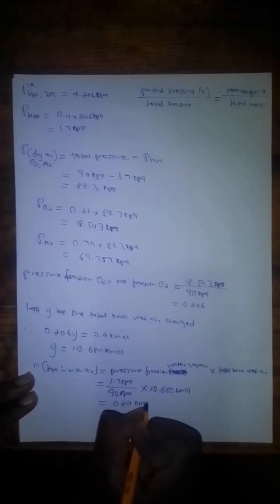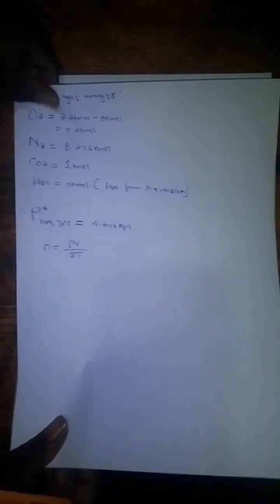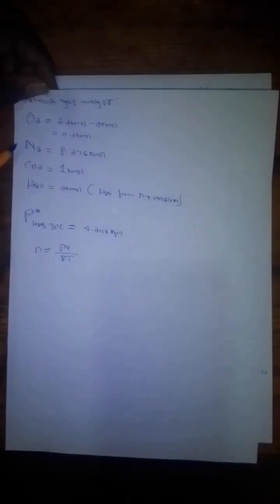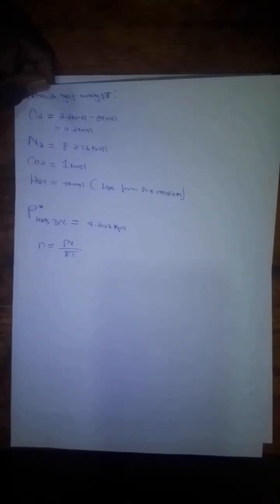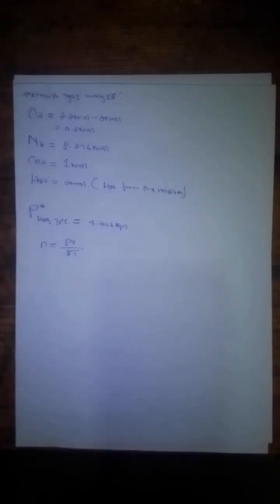0.201 kilomole. So, going back to the exhaust gas analysis, let me just bring back the information that we calculated. Remember, we were able to calculate our oxygen in the exhaust gas, our nitrogen, our carbon dioxide. Now, when we came to the water, we calculated the water that came from this reaction here, right?